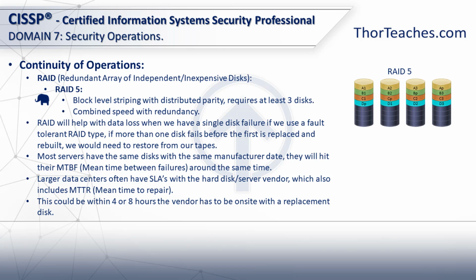And as part of that service level agreement, you would have a MTTR, or a mean time to repair. From the time we notify them, either by calling them or them monitoring our systems and see something is failing, they could have 4 or 8 or 12 or 20 hours or whatever for someone to be on site with the replacement disk.